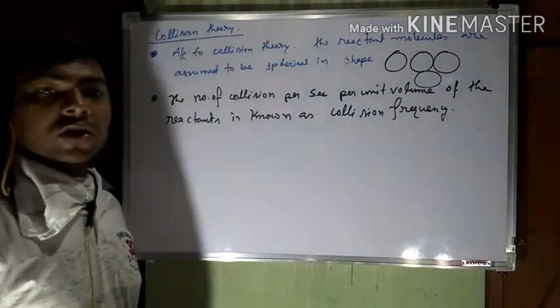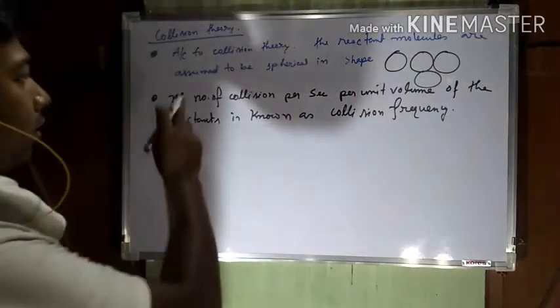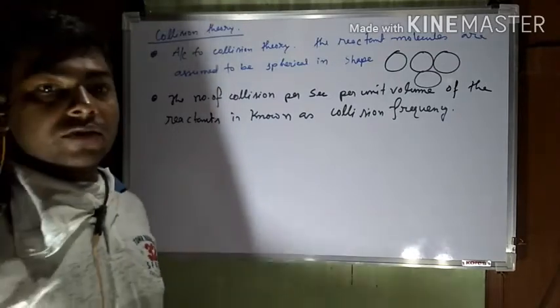That means collision frequency is the number of collisions per second per unit volume.